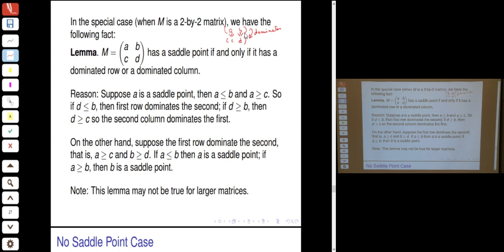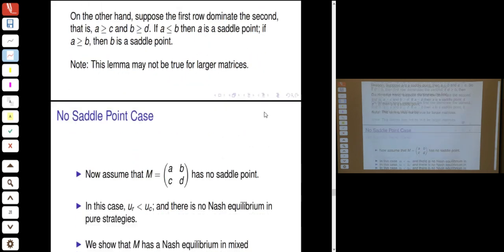Similarly, you can consider domination of columns, where the dominant column is bigger entry-wise than the corresponding entry of the other column. And a saddle point is there if and only if there is a dominant row or a dominant column. Again, the argument for this is similar to the yoga we have seen before. Essentially you just use the definition of the saddle point and the definition of domination and chase these numbers. So I will not be going through it once again.